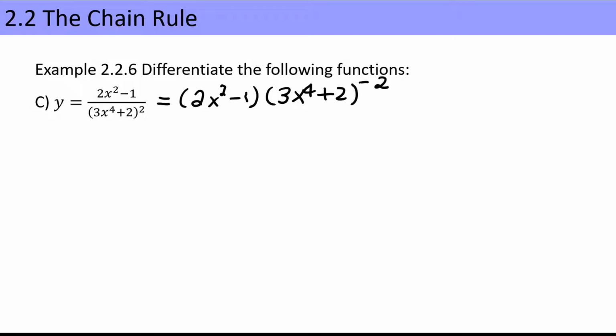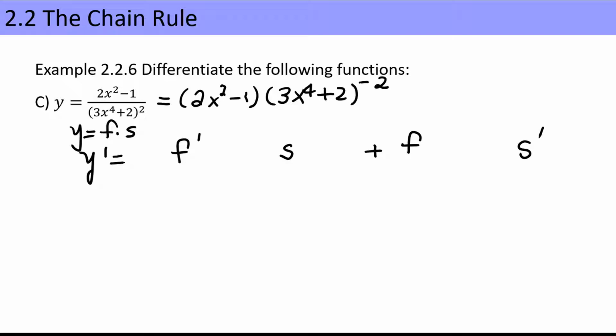Now we can use the product rule. So let's remember, if y equals the first times the second, then the derivative, y prime, would be the first function's derivative times the second, plus the first function times the second function's derivative.